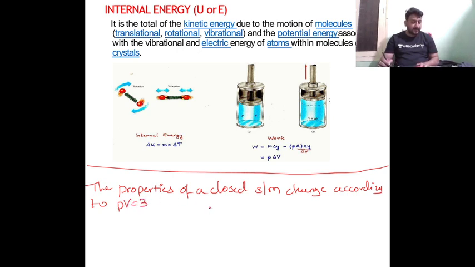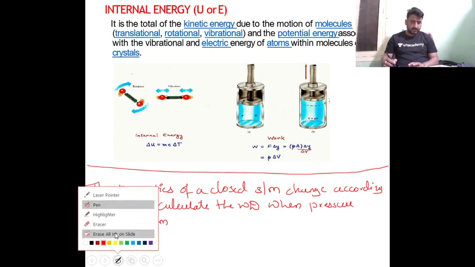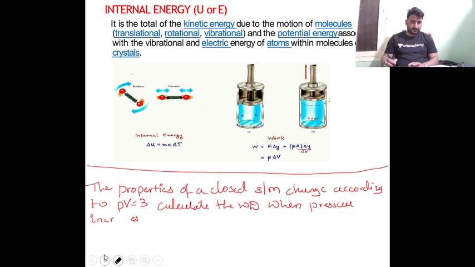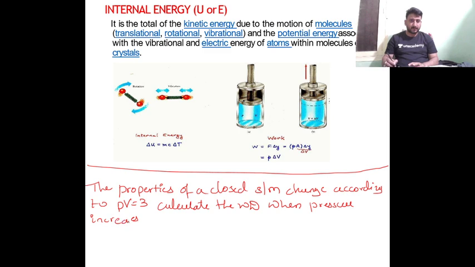Calculate the work done when the pressure increases from 1.5 bar to 7.5 bar.